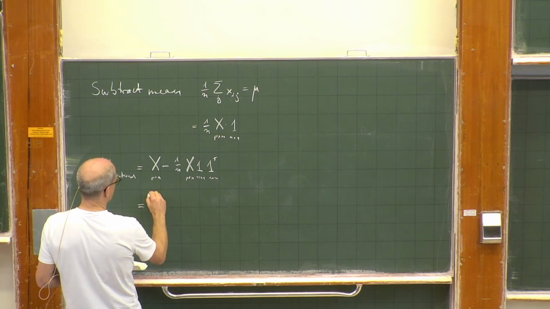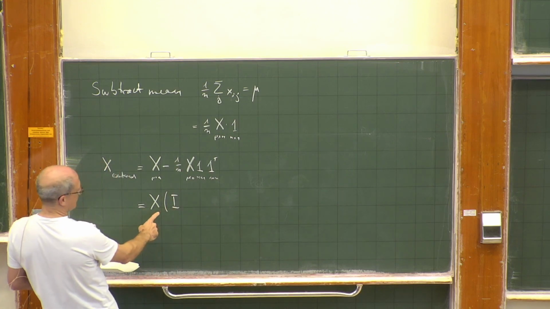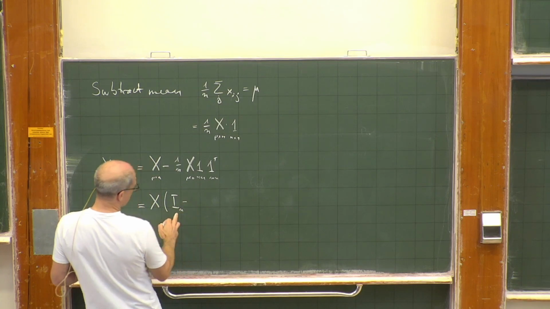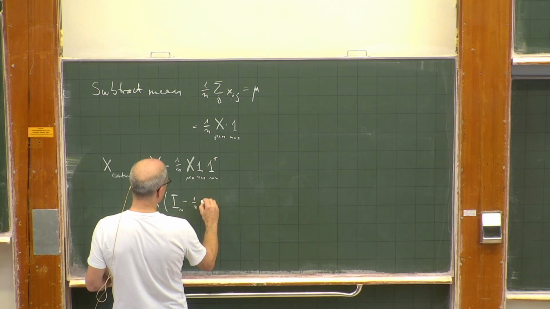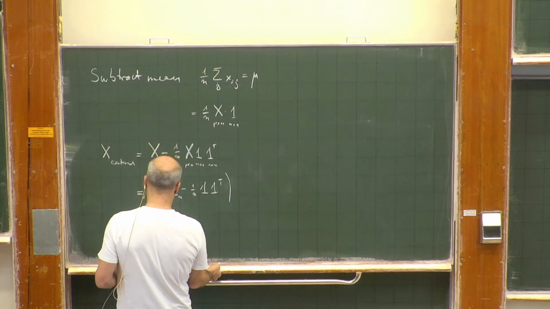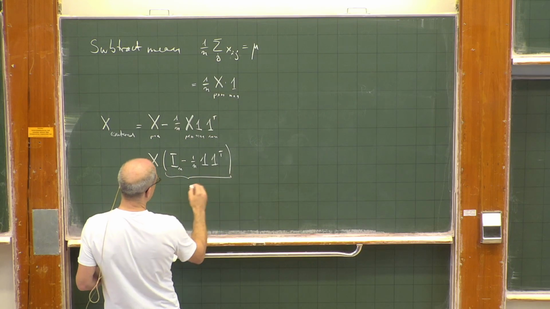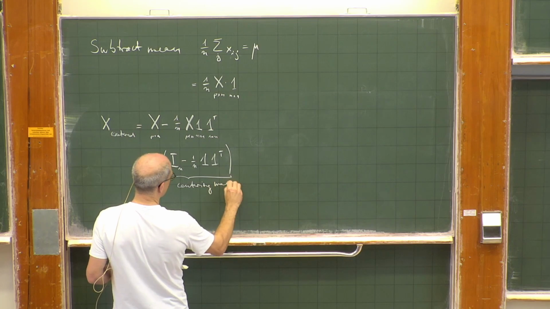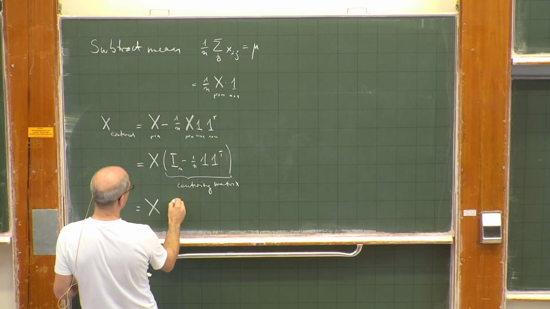And because x appears twice, I can now multiply it out. And I have here the n-dimensional identity matrix. And this entire thing is also called a centering matrix, which sometimes gets its own letter.